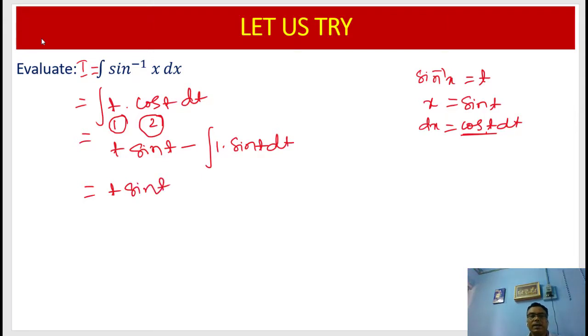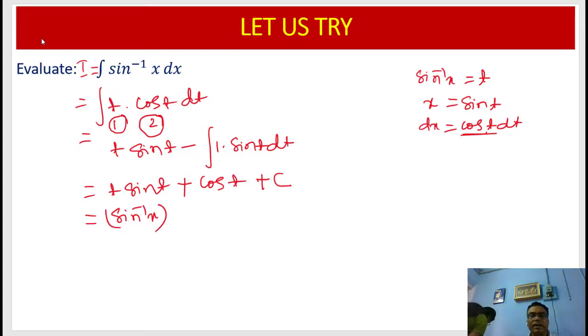This is t sin t. Okay, what is integration of sin t? Sin x integration is minus cos x. So that makes this plus. It is cos t plus c. Work is over. Now I will have to change these t to x. What is t? t is sin inverse x.